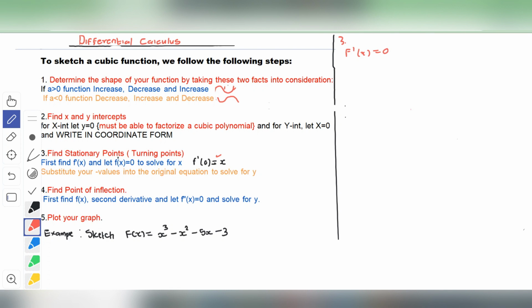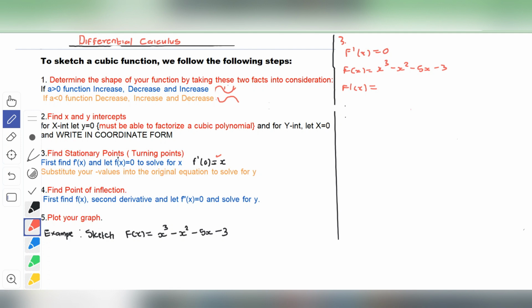So now, how do we find the value? What is the given equation? You can see the given equation is x cubed minus x squared minus 5x minus 3. And then we differentiate this, right? So how do we differentiate this?